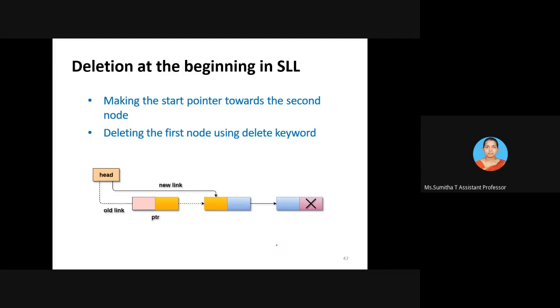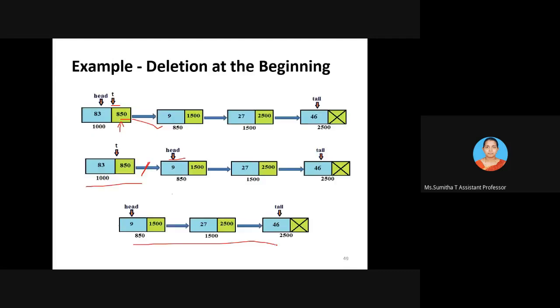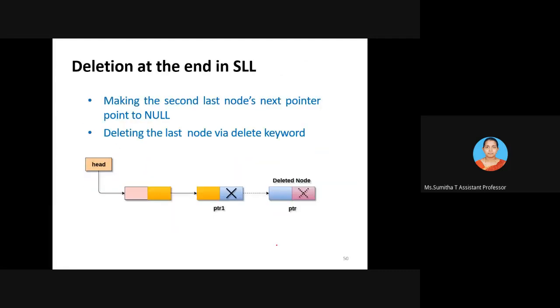So that is the deletion at the beginning in the linked list. Then we are moving to the deletion at the end in the linked list. How can we do it? Any idea? Ma'am, we should make the pointer field null. Which pointer field?